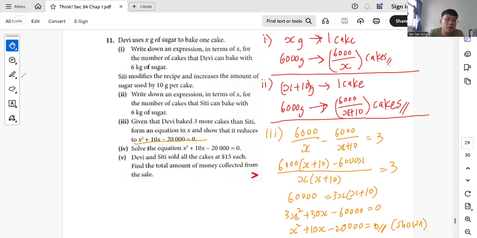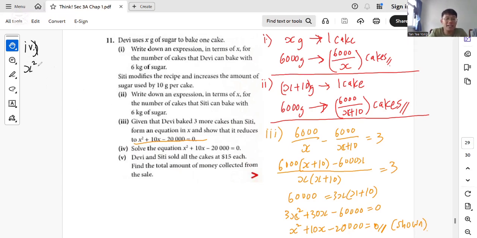Now let's do part 4 on the left. Okay, so part 4, I think obviously they want us to solve. Yeah, solve. Okay, so let me try to see if I can factorize it first. If I'm not able to, then I will have to use quadratic formula, which I don't want to because the number is huge. Okay, yes, I have to.